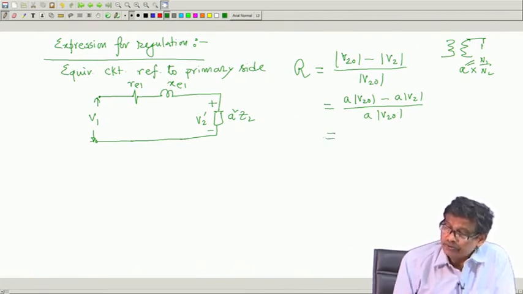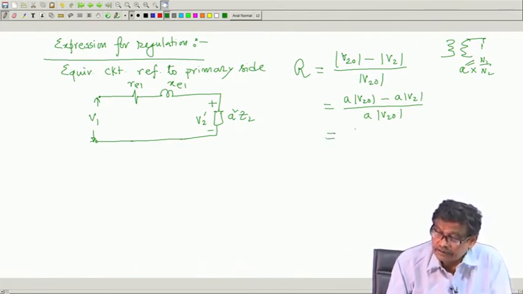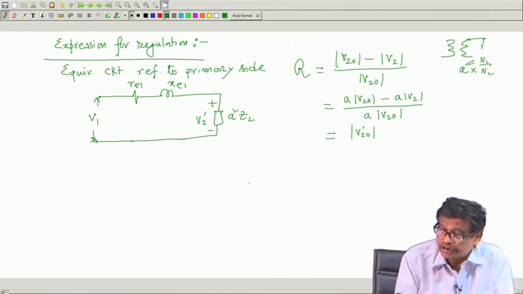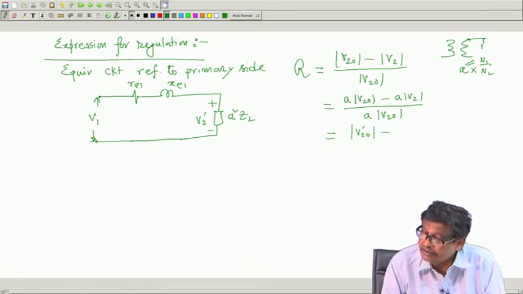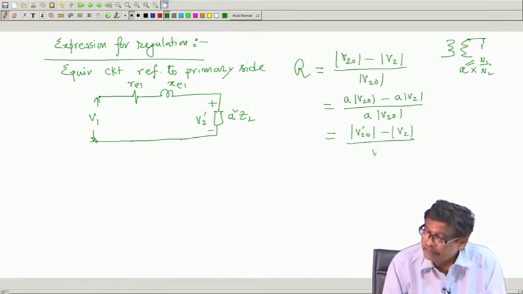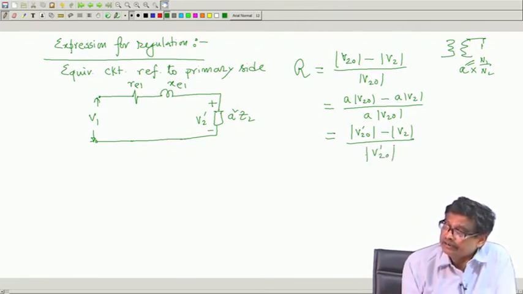A V 2 0 will be nothing but V 2 dashed 0 with no load connected, minus A V 2 is V 2 dashed, divided by V 2 dashed 0. This will be the thing.